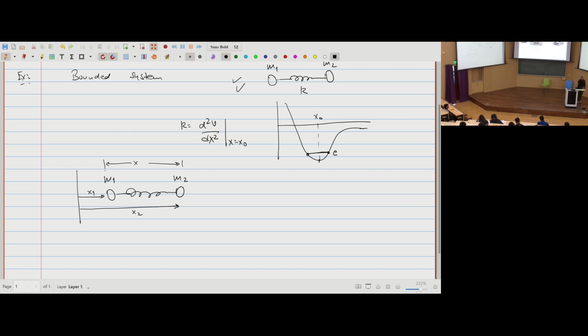I have my reference on the left hand side, so I measure x1 and x2 from there. This allows me to write m1 times x1 double dot is equal to k times x. Let's say we have stretched the spring from the equilibrium position.